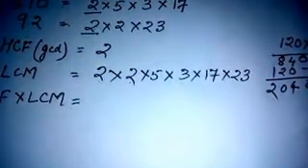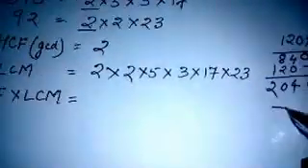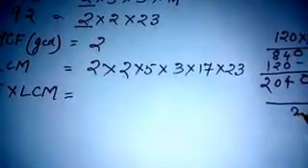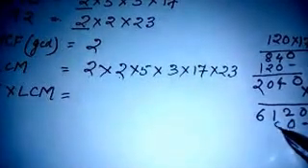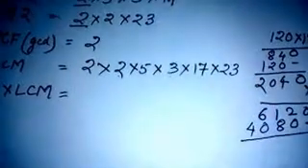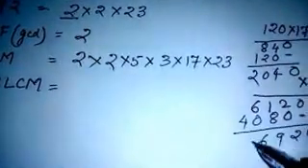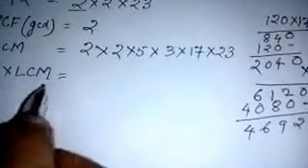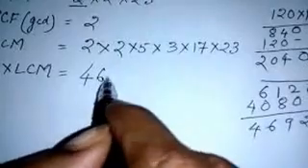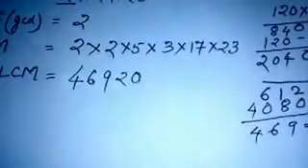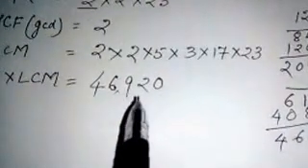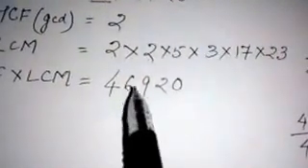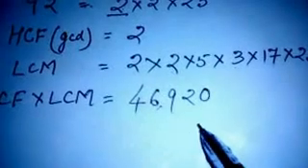Now this is to be multiplied by 23. We got the product of HCF and LCM as 46,920. And we have to verify that this product is equal to the product of the numbers.